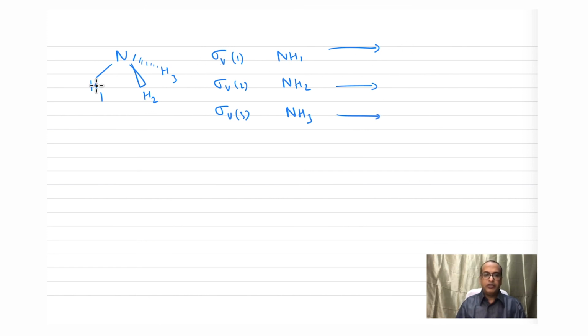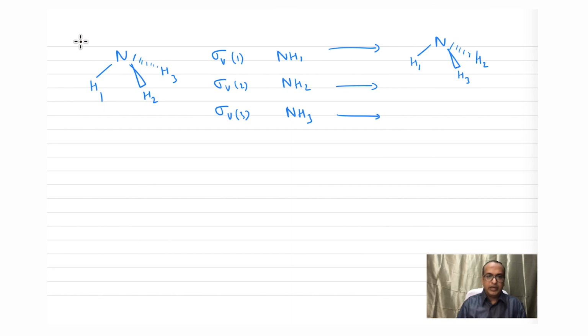So if we have sigma v1, which is passing through NH1, it will be reflecting H2 and H3. So what do we get? NH1 will not change. H2 and H3 will be reflected.